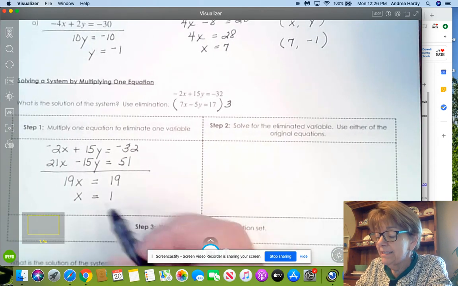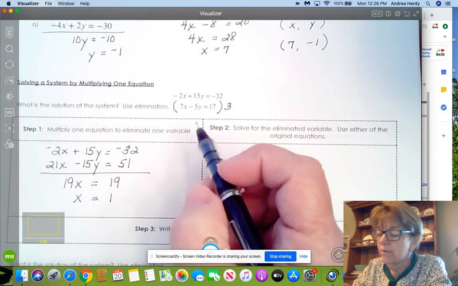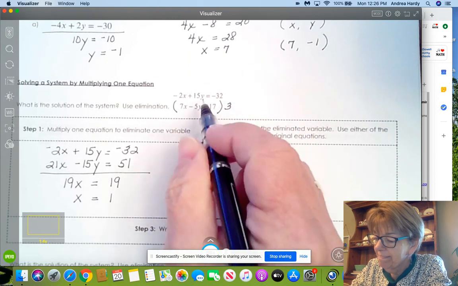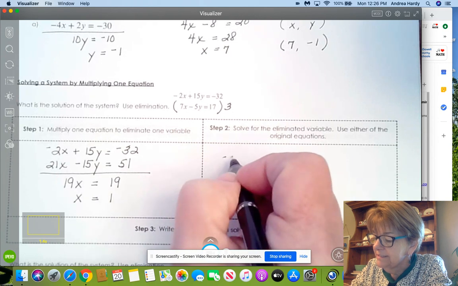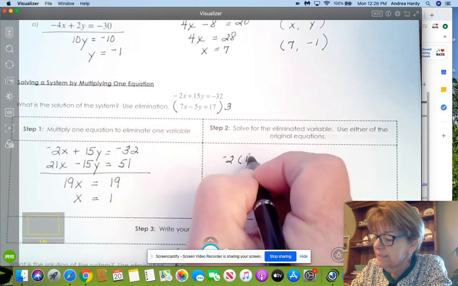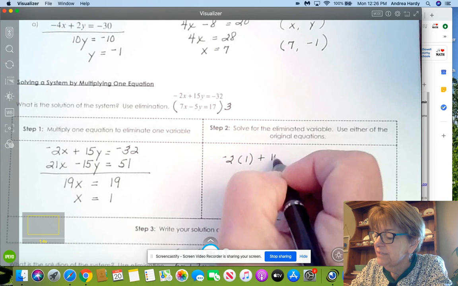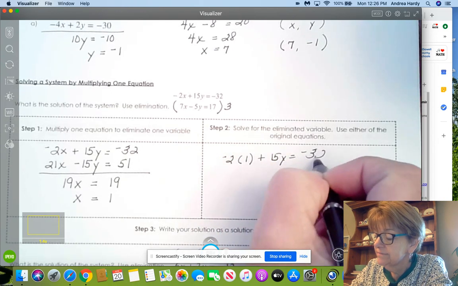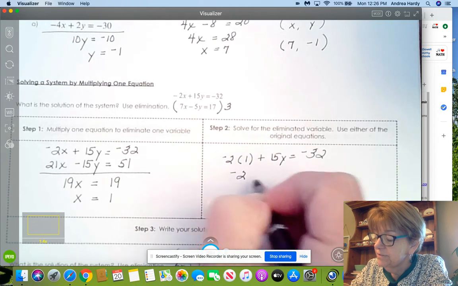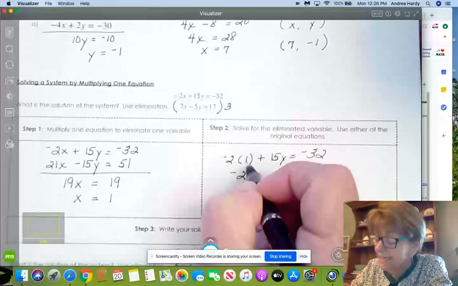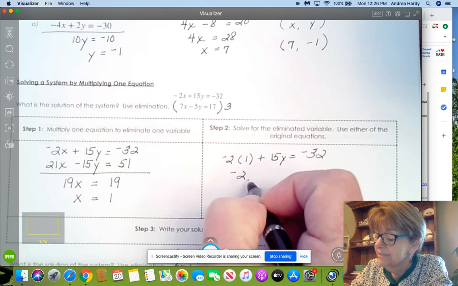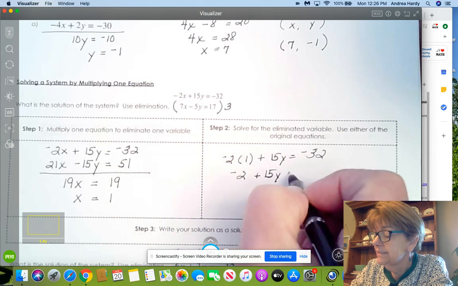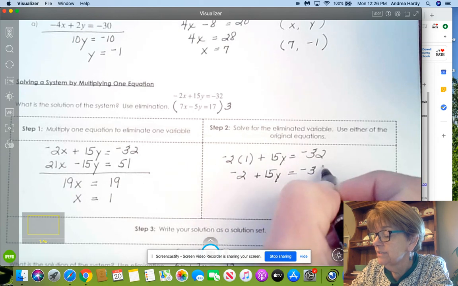Now I need to put x back into my equation. I can put it into any of them, it doesn't matter. Let's put it into the top one. -2 times 1 plus 15y is equal to -32. -2 times 1 is -2 plus 15y is equal to -32.